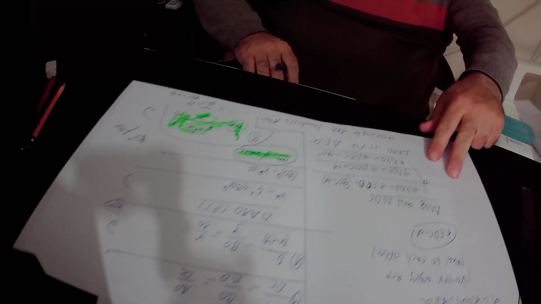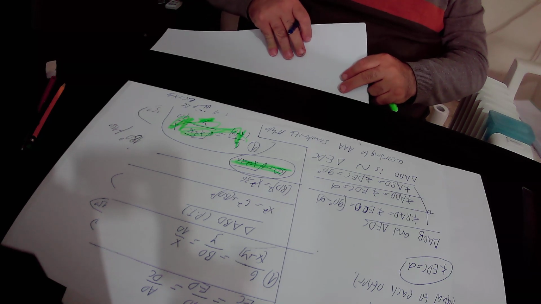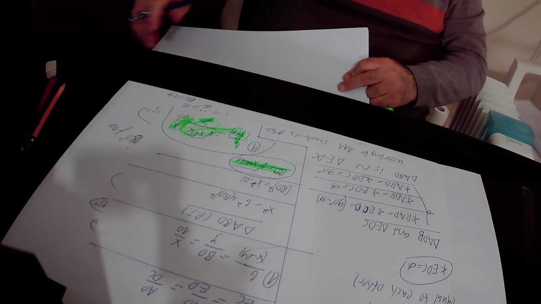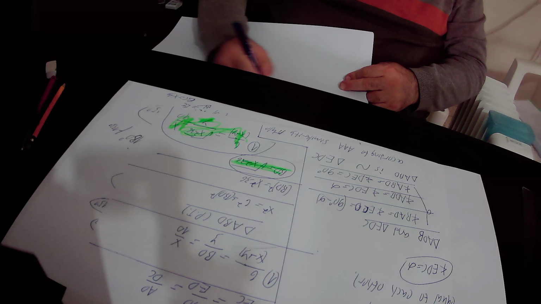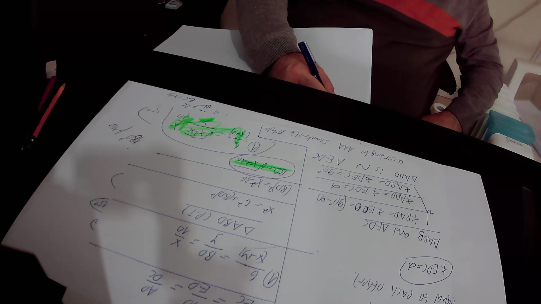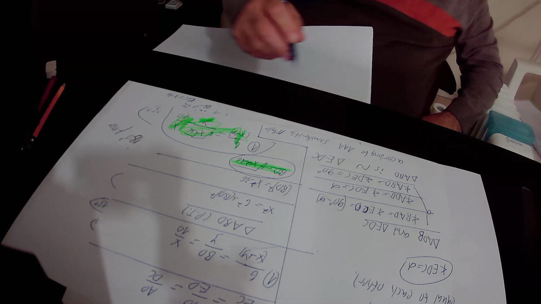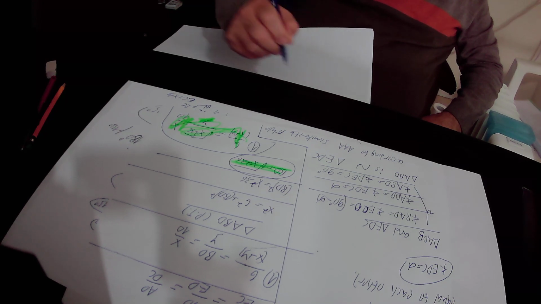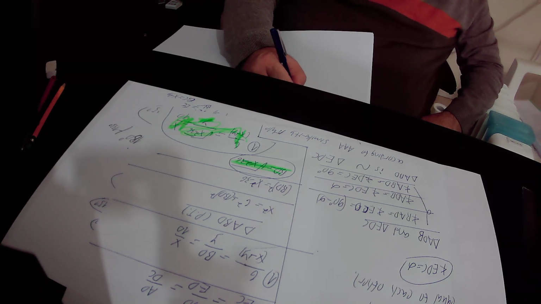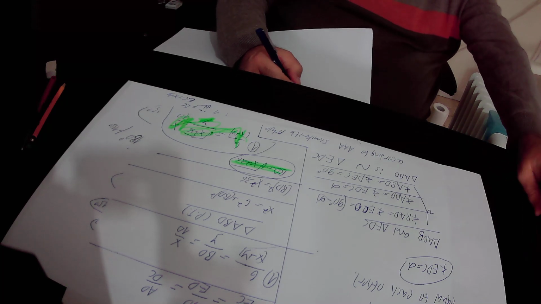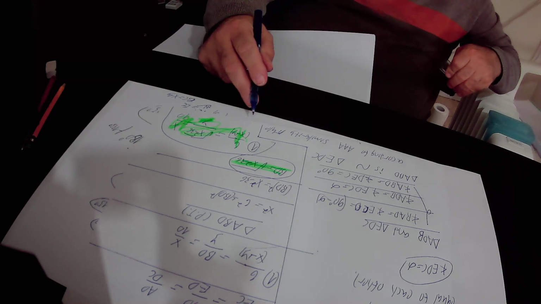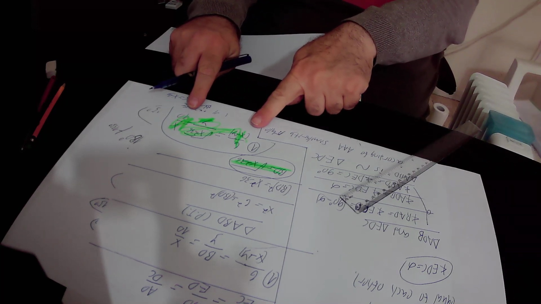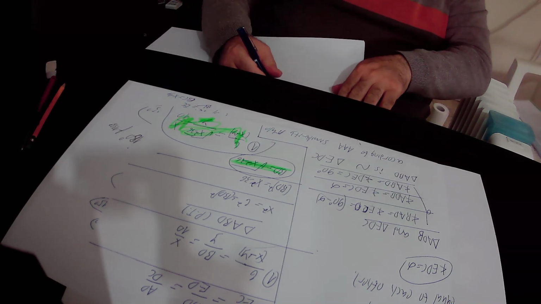The first equation that we will create from equation number 1 will be 6 over x plus y equals x over 10. This side equals this side, so 6 over x plus y equals x over 10.